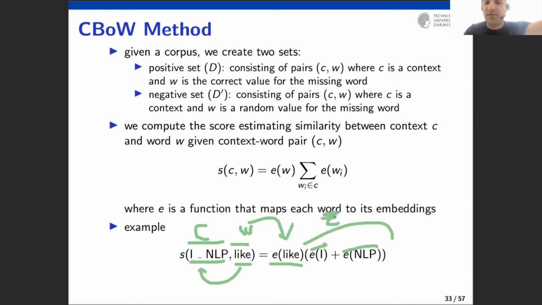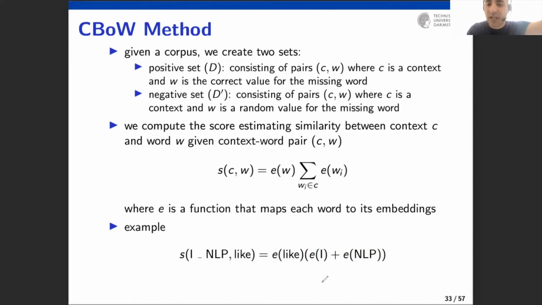By computing the dot product, we compute the similarity between the vector representation of the given word and the vector representation of the context.